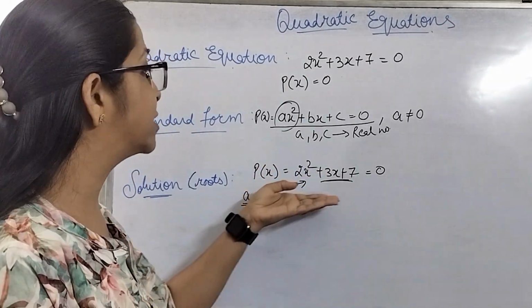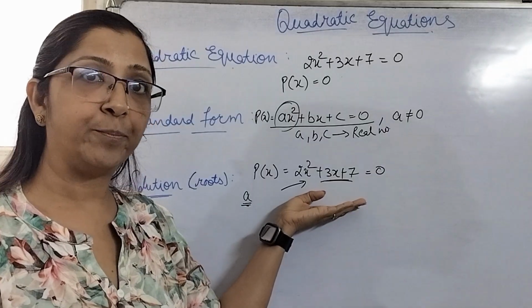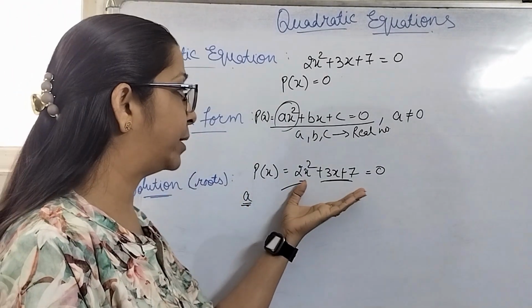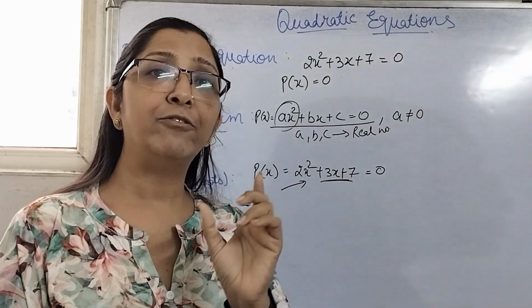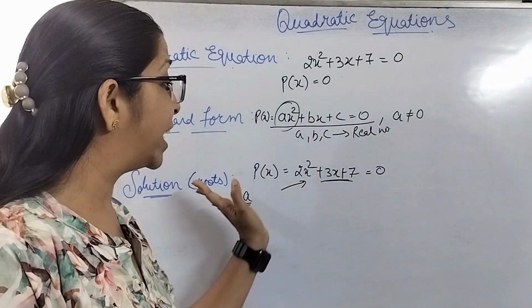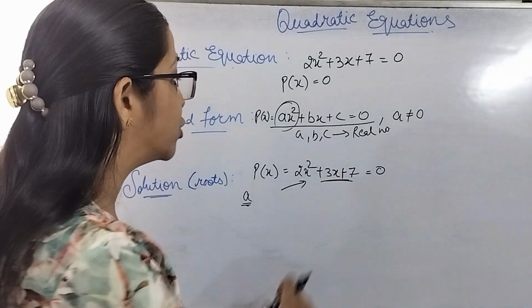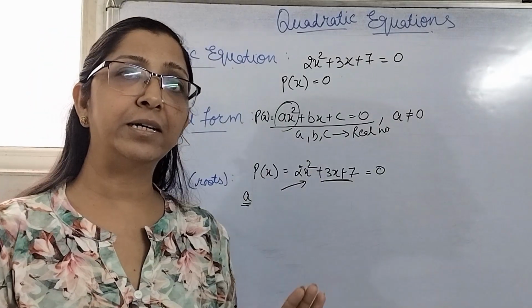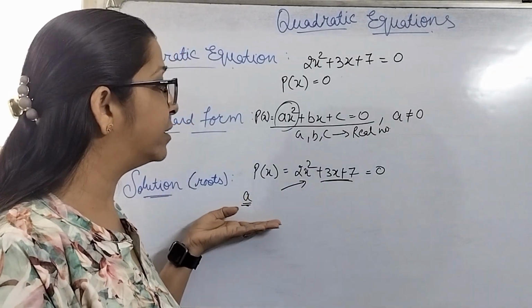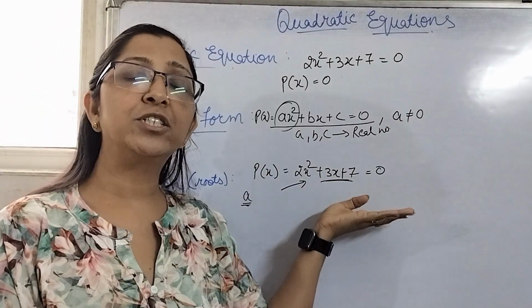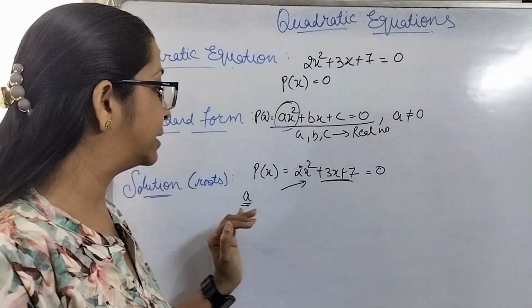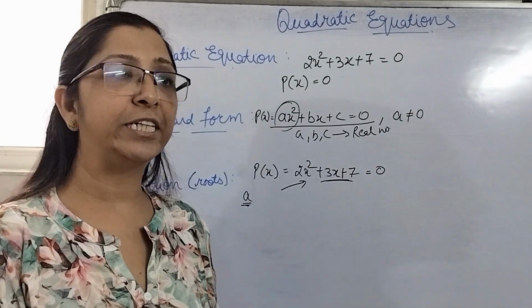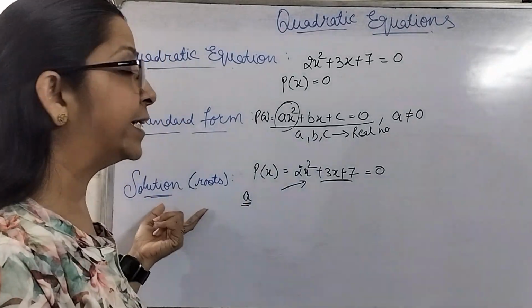That means this is the solution of this equation. So simply, solution means the value of the variable. If we replace the variable by any real number, and for that particular real number the equation becomes true, that will be the solution or the root of that particular quadratic equation.